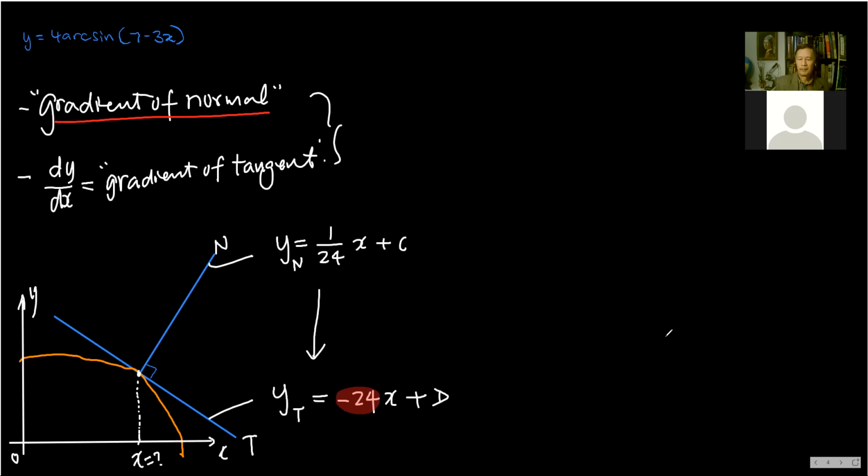If you use the derivative to find out when the derivative equals negative 24, then you can find x. Okay, try it. That is how to solve the problem.